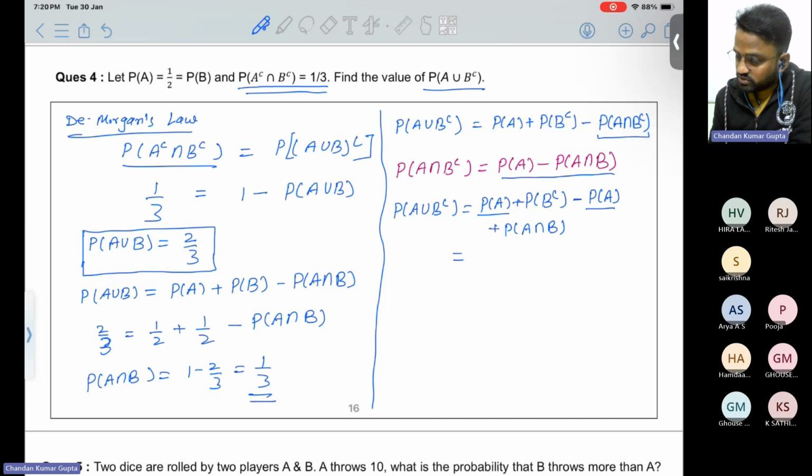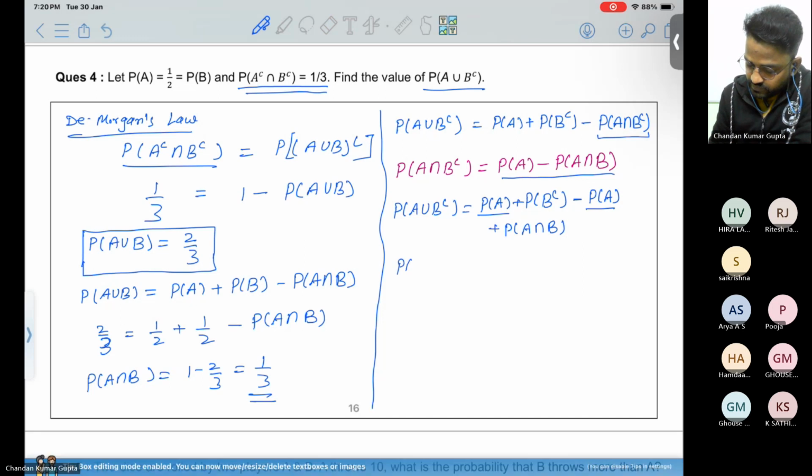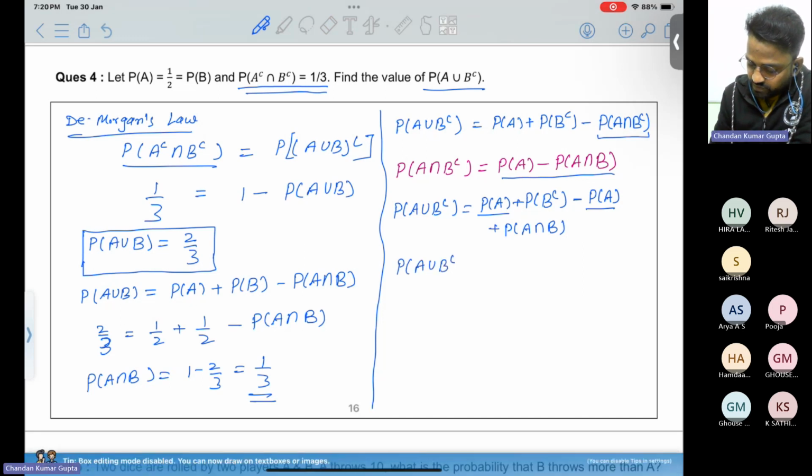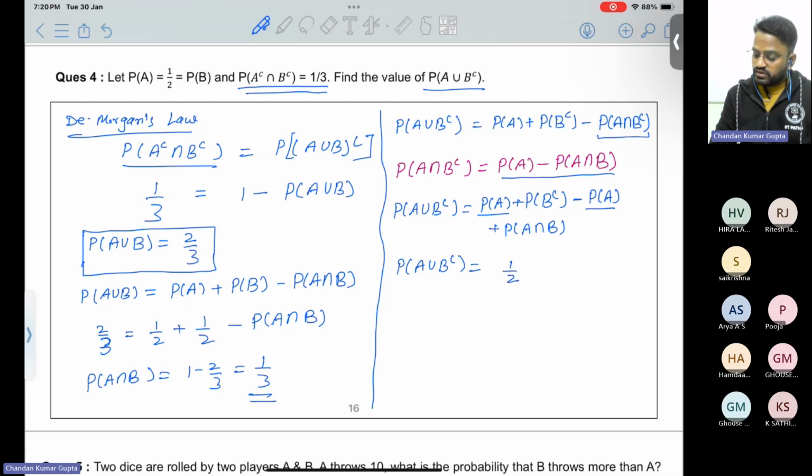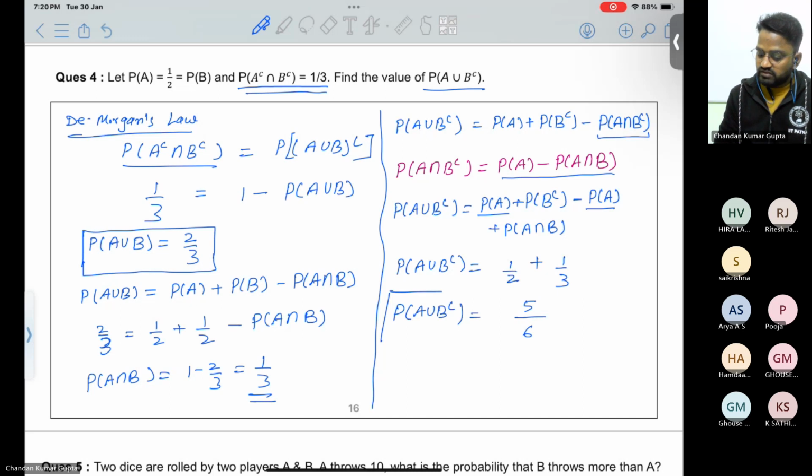After solving, we get A union B complement equals the probability of B complement, which is 1 by 2, plus the probability of A intersection B, which is 1 by 3. So it's 5 by 6. Anyone have any doubts?